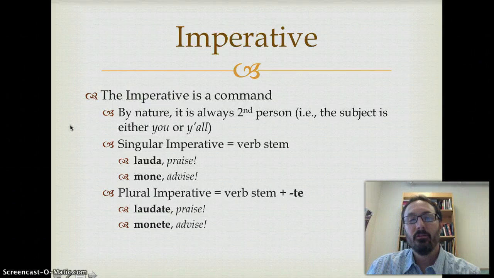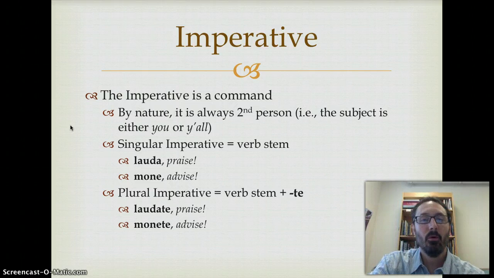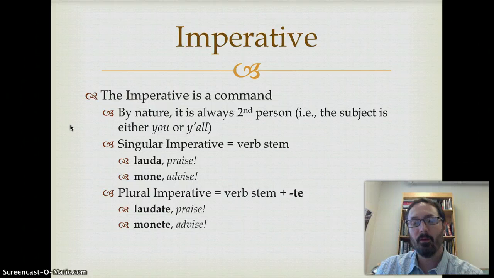In Latin, the singular imperative is simply the verb stem. So we see lauda here again, which is just the infinitive minus the re. That's the verb stem. And then mone is that monere, which we saw in the previous slide. Drop the re. There's your singular imperative.